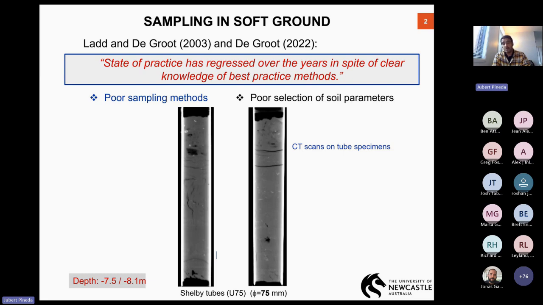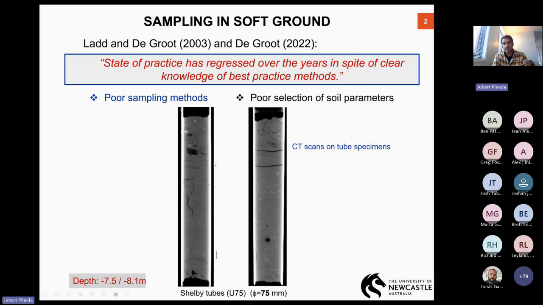As you can see, these are two different Shelby tubes obtained from the same depth at the Ballina site in North New South Wales, in the National Soft Soil Testing Facility, retrieved from 7.5 to 8 meters depth. Those tubes that most of the time we call undisturbed or intact are in fact really bad quality.